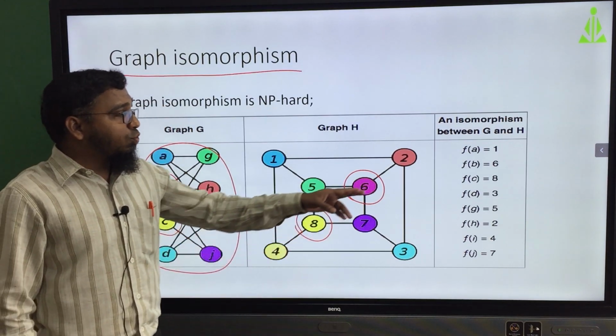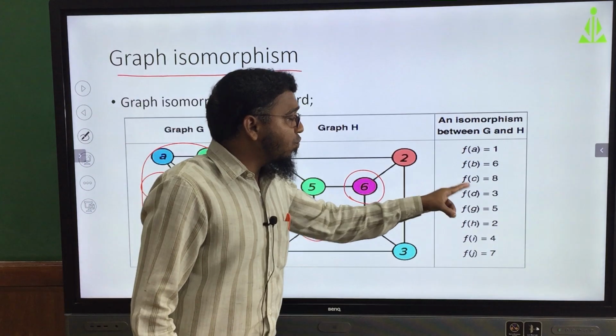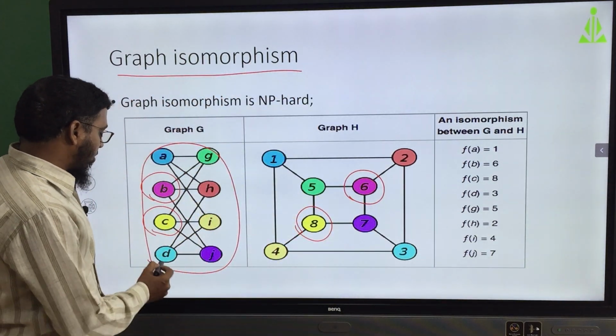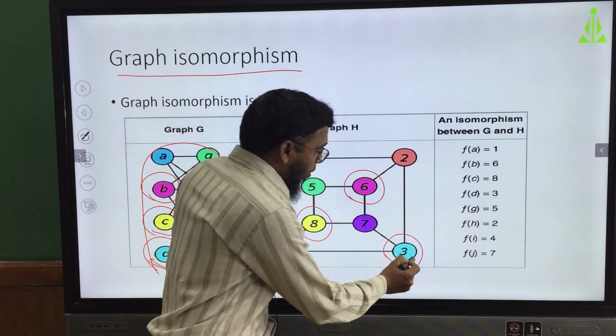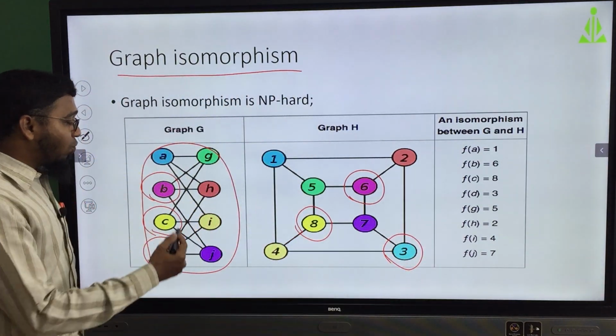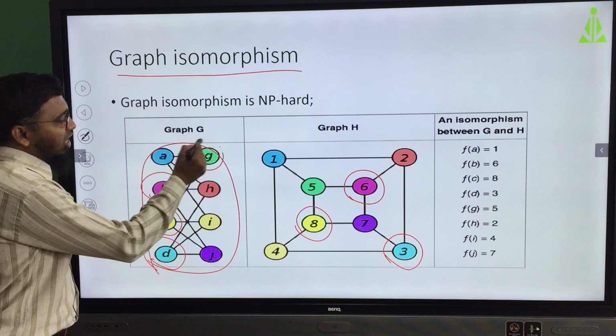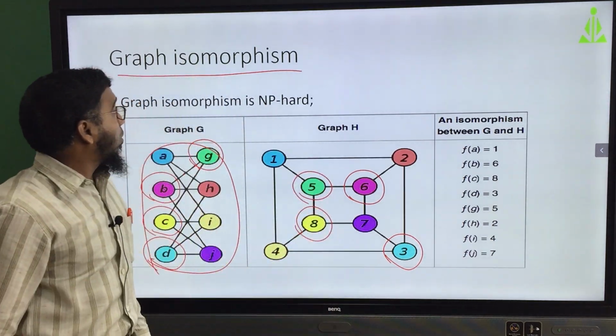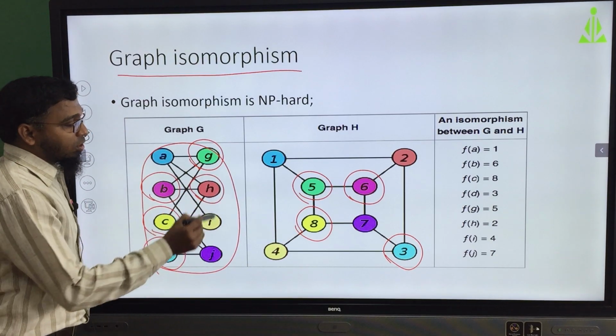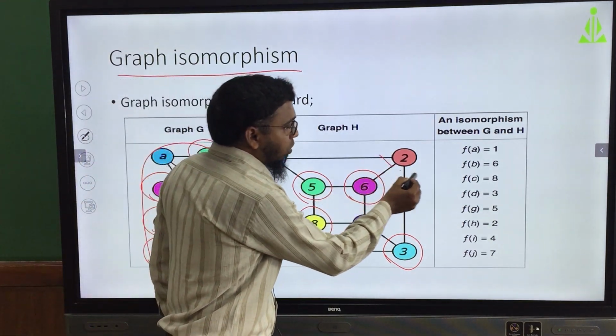Next, f(D) is equal to 3. This D is the blue color, here 3 is blue. Okay, we are doing the isomorphism here. G is green, it is 5. H is 2 here.